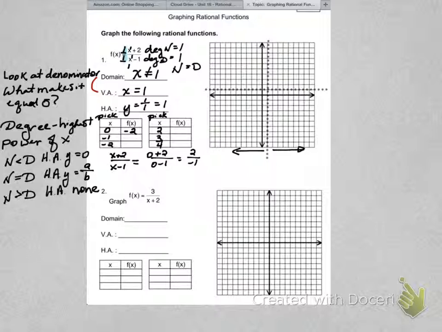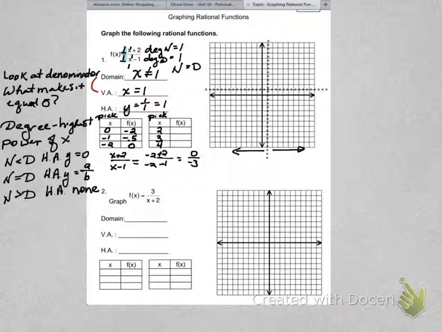Then we'll put in the negative 1, which will be 1 over negative 2, or negative 0.5. And then we'll have negative 2 plus 2 over negative 2 minus 1, which will be 0 over negative 3, or 0.